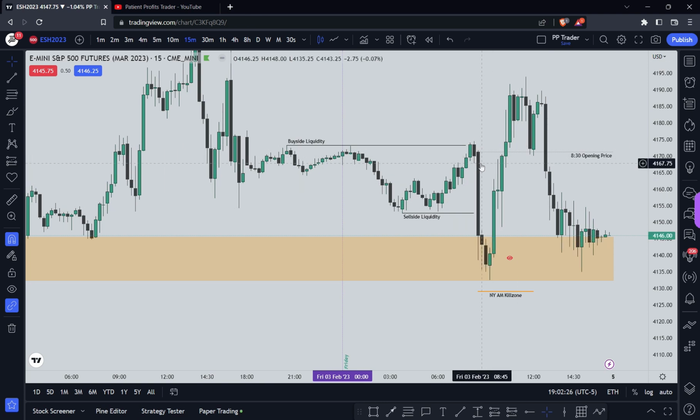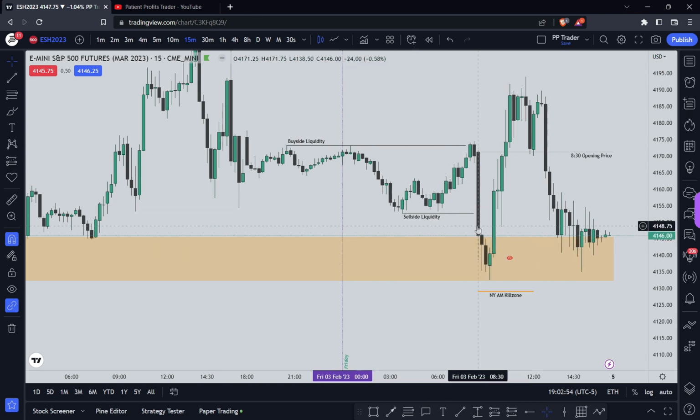So before this candle is formed, we see that price rallies and takes out these relative equal highs. Why? Because retail is going to be seeing this as resistance. So we stab it just a little bit, and then at 8:30 we tank heavily to the downside, and we tank into the daily volume imbalance.